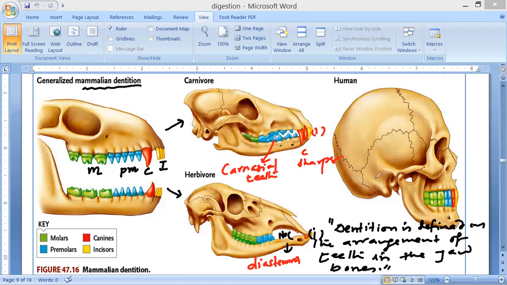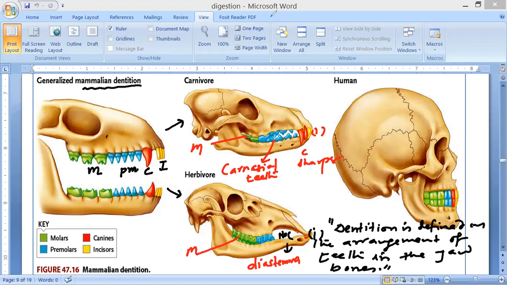And in all dentitions, you are seeing the molars. Molars are present in all dentitions. So here you have the incisors, canines, premolars, and molars. This is the concept of dentition.